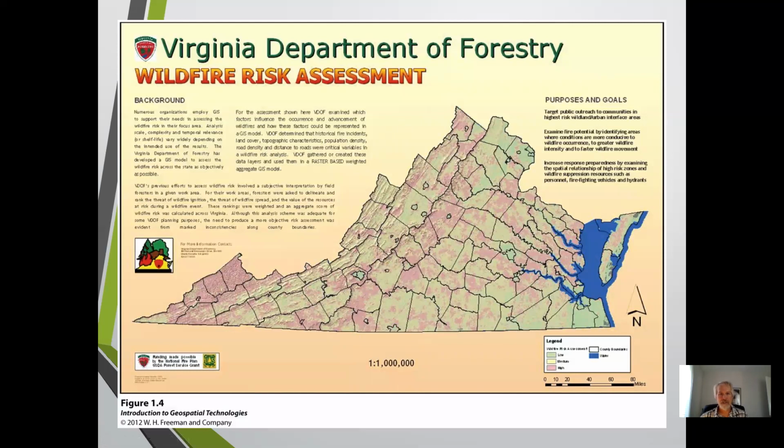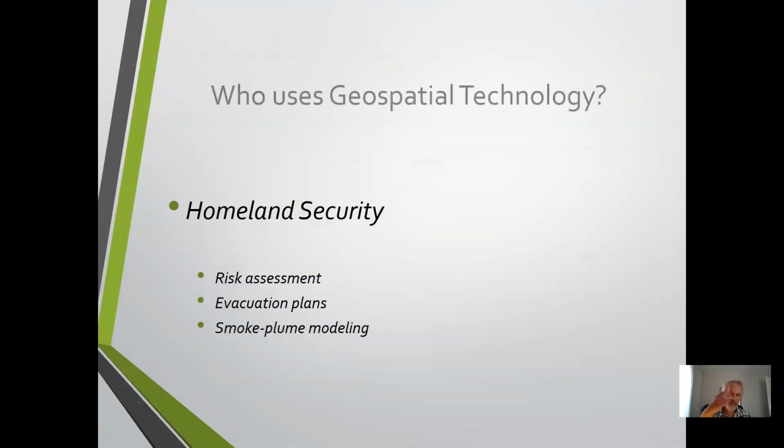Okay, this is showing you a Virginia Department of Forestry wildfire risk assessment. Homeland Security deals with risk assessment, things like evacuation plans, smoke plume modeling. We're seeing evacuation right now that's probably going on down in the Gulf Coast because we have two tropical storms coming in.